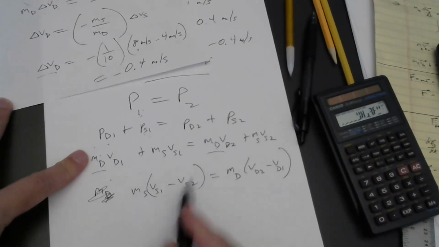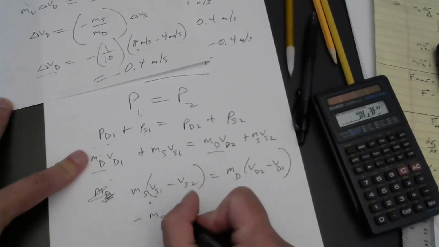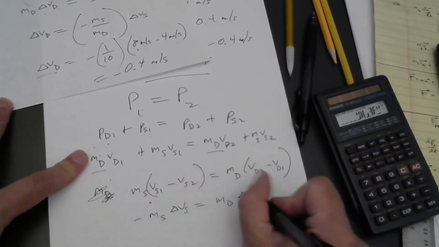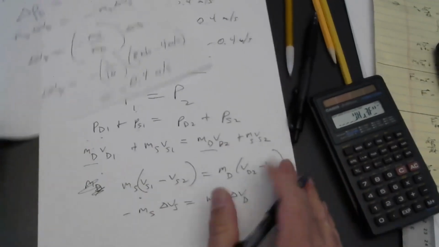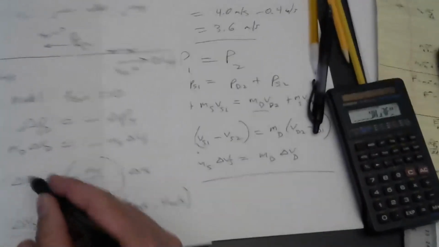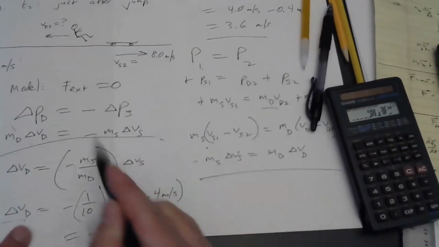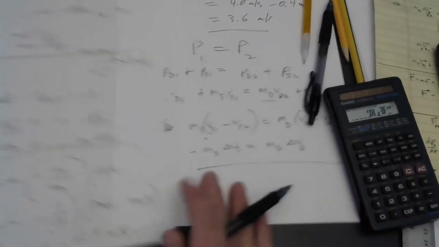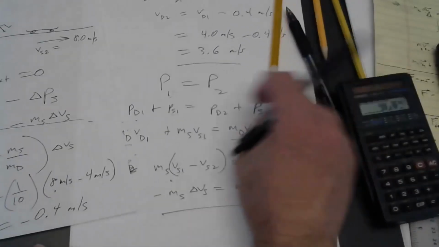Doesn't this say, well, this is initial minus final, which would be the negative of final minus initial. So this is actually negative m_S delta v_S. And over here, we've got m_D delta v for Dan. This equation is identical to this equation. Didn't mean to cross that out. I meant to underline it. So of course, you arrive at the same place. And how you proceed algebraically is up to you.